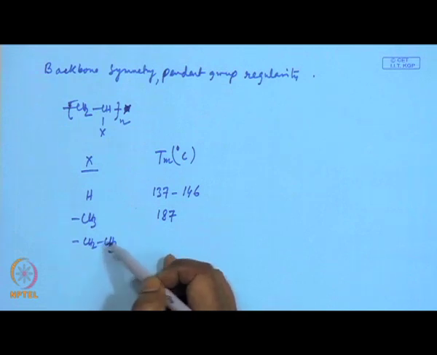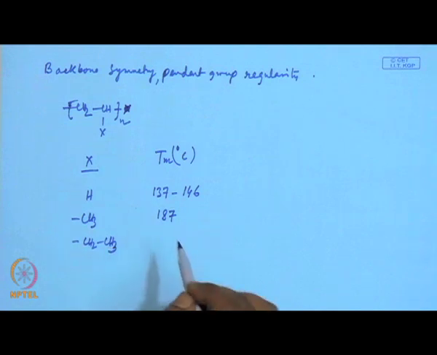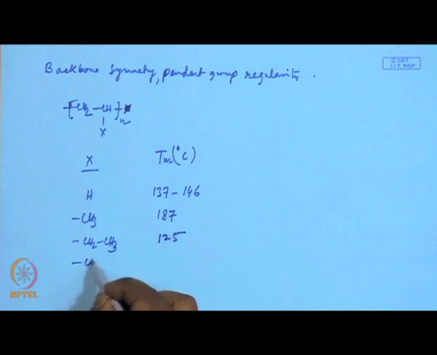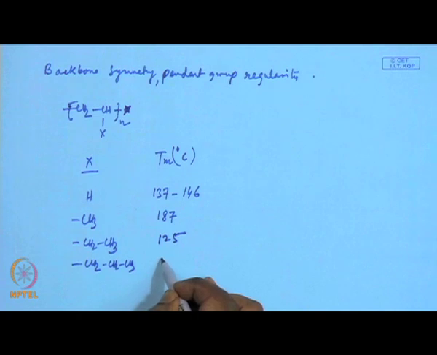So, if you increase the pendant group, it increases the free volume, hence the flexibility goes up, and as a result your Tm goes down. If you increase further, your Tm further goes down.